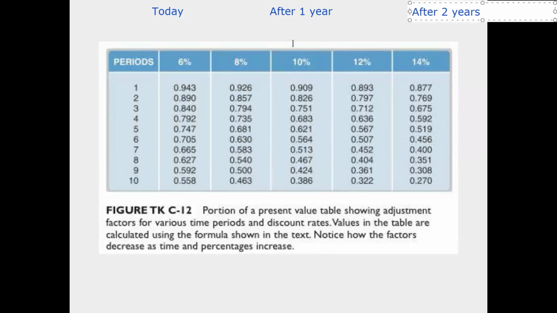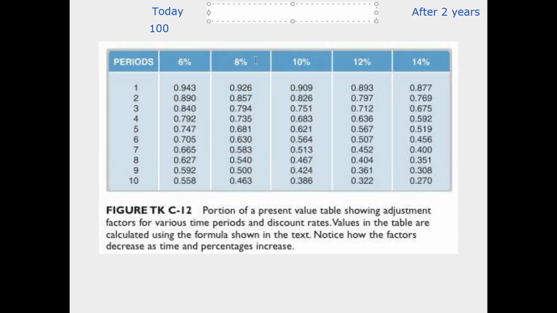My question is like this. I'm going to have 100, and let's say I'm going to deposit it in a bank at a 10% interest rate per year. My question is, what is the amount we get after 1 year?